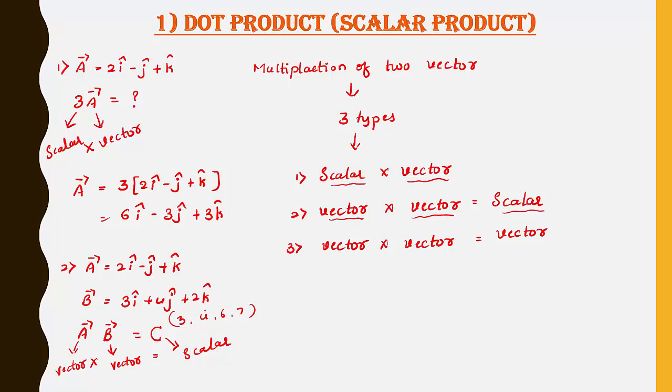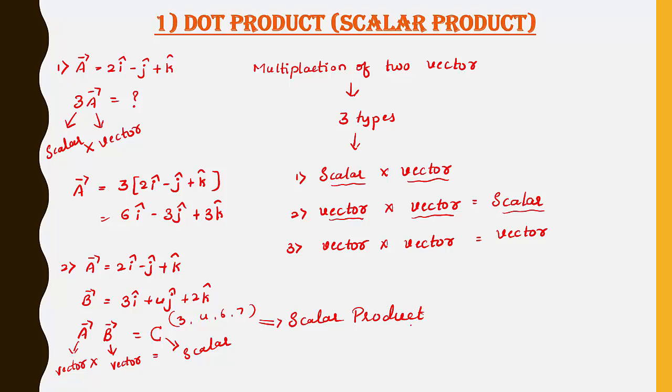So that means when two vectors are multiplied, if we got the answer as a scalar, or in terms of numbers, we are going to call it scalar product. Is it clear? So this is called scalar product. Product means multiplication.